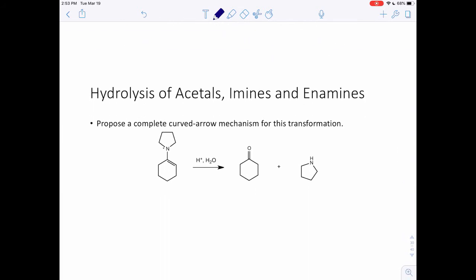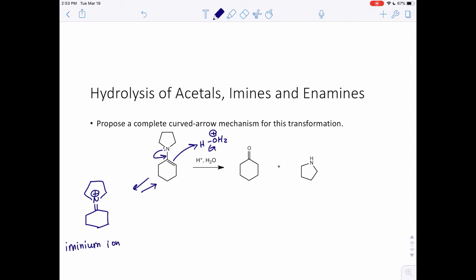The final step of enamine formation is deprotonation. So the first step of enamine hydrolysis or destruction is protonation. If you don't have the mechanism in front of you or in the back of your head like I do, you guys know this: when you're in acid, you're probably going to protonate something. You learned one exception today, but in general, in acid, protonate. This gives us that iminium ion.